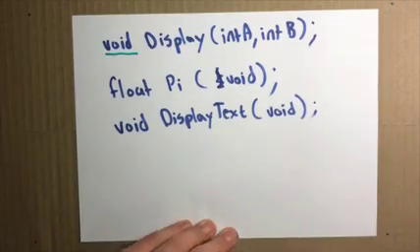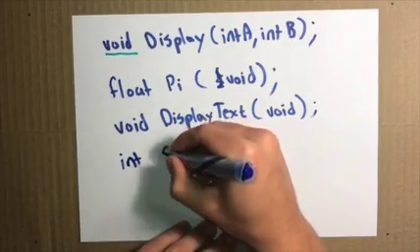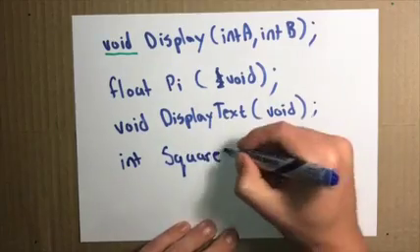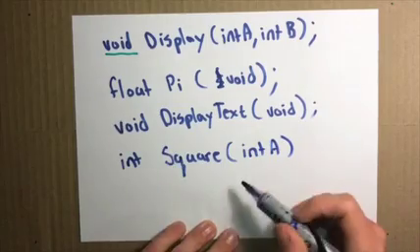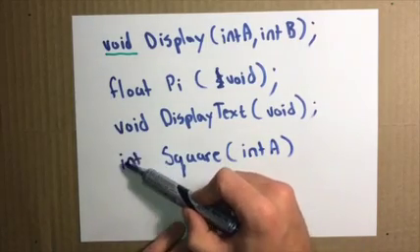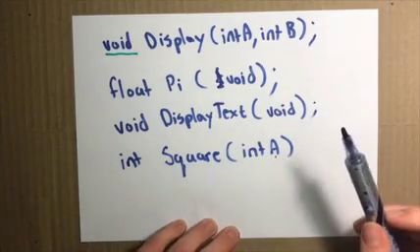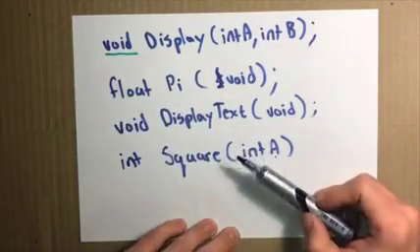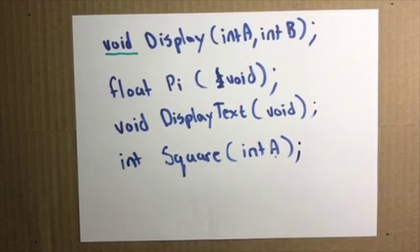And then another case, we can also have functions like the square function that we've just done that can send something back and also receive something. So it will send back an integer, but it will also receive an integer. So that's your multiple and different ways of using and implementing a function.